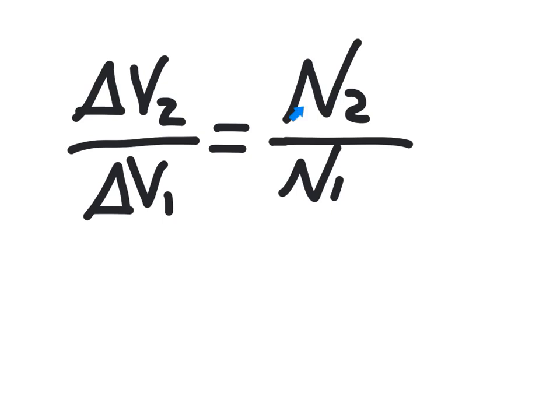When we get to our N2 and our N1, N1 is the primary number of turns, and N2 is the secondary number of turns. And when we look at solving for these, this will just be a number of turns. There's not any specific unit that you would use for these. You would just put down this many turns.